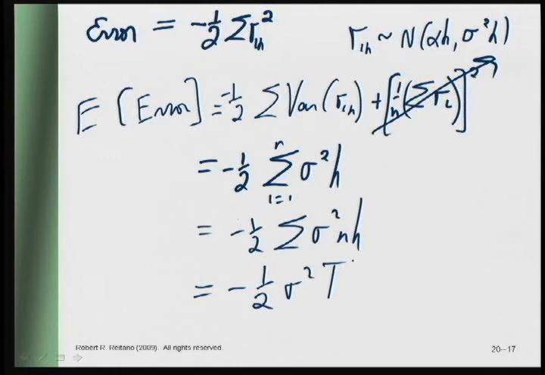Admittedly, there's a whole lot of hand waving that I did in this derivation, and more formality needs to take place to justify this. But I think it's relatively easy to see that the error term has an average value of around -1/2 sigma squared t, because this extra term we can throw away.